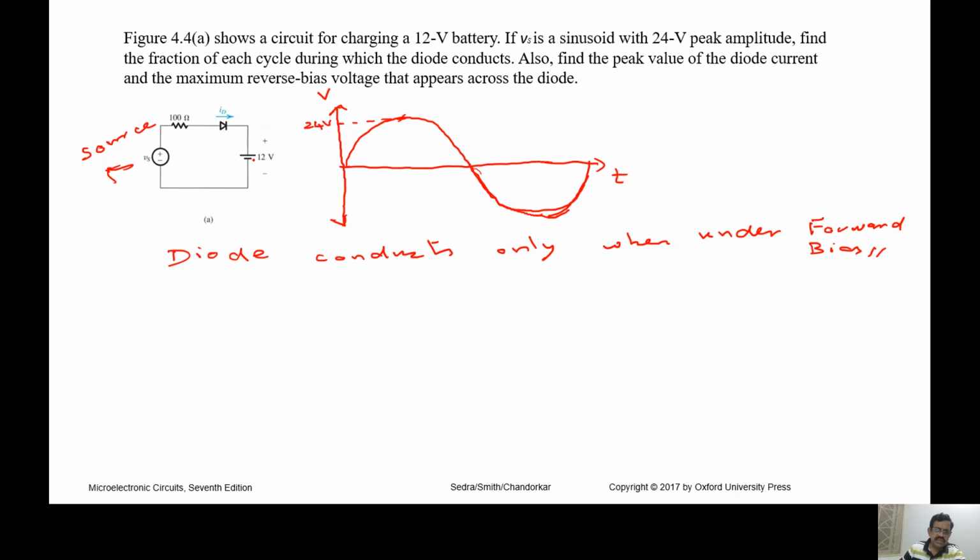But because of the way the source is connected, we have to understand the potential at this point with respect to this point, or alternatively the potential at the P terminal with respect to the N terminal. Only when the potential at the P terminal is greater than the potential at the N terminal will the diode be conducting under forward bias.